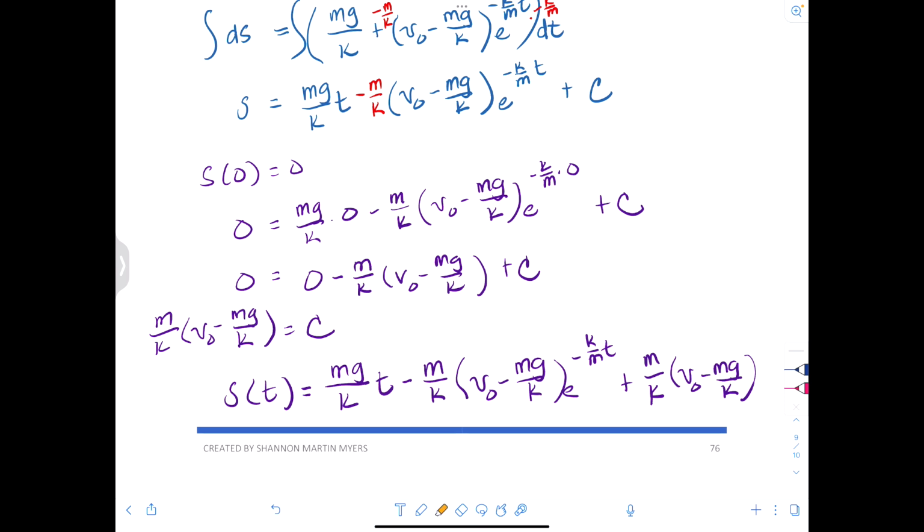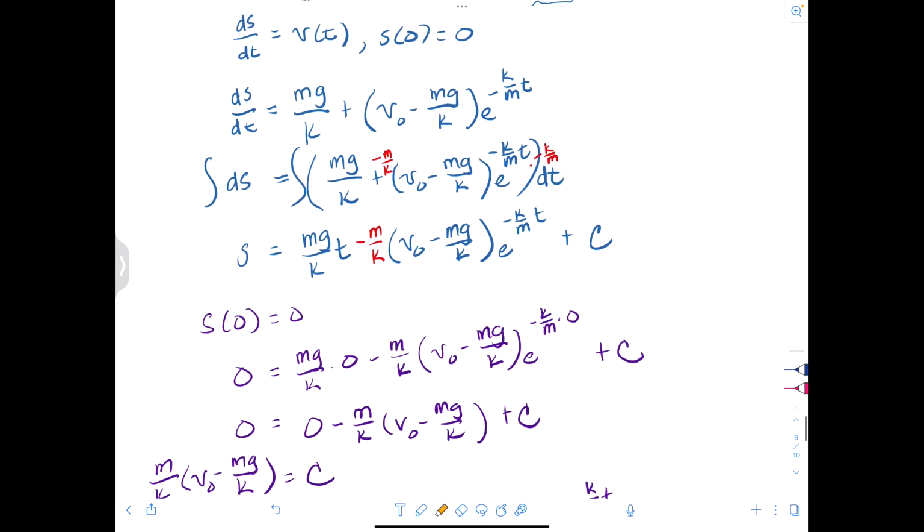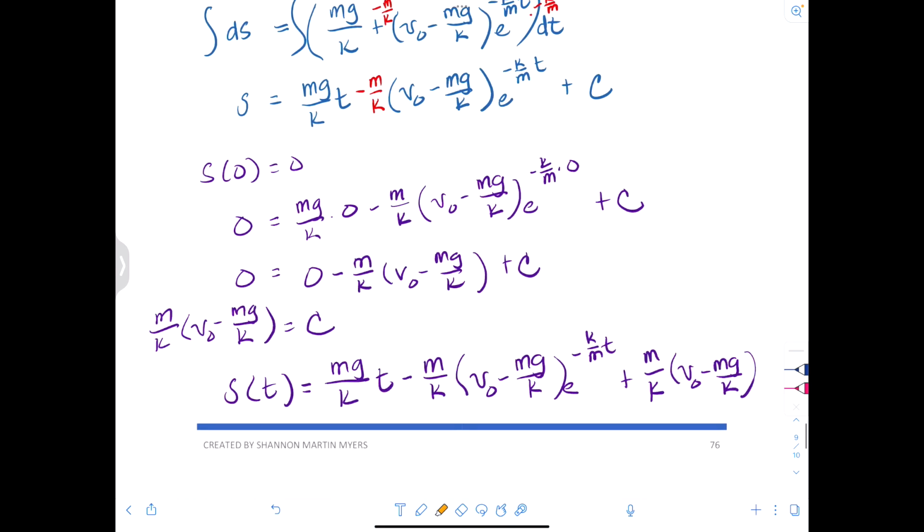And that was from plugging what we found for c into our s equation. And that's what we get.